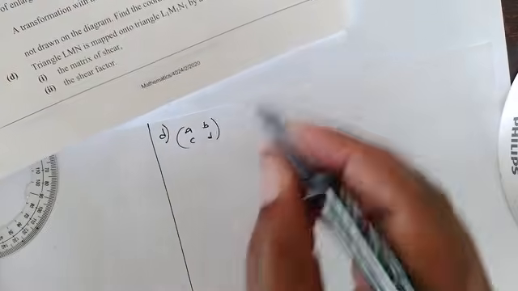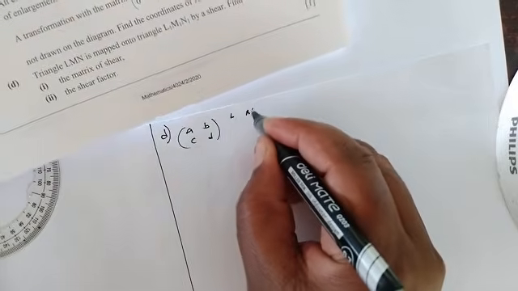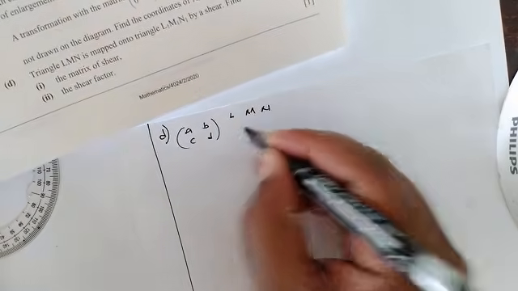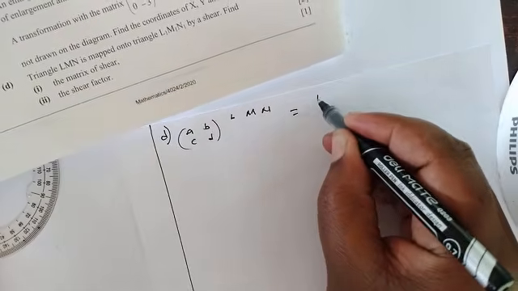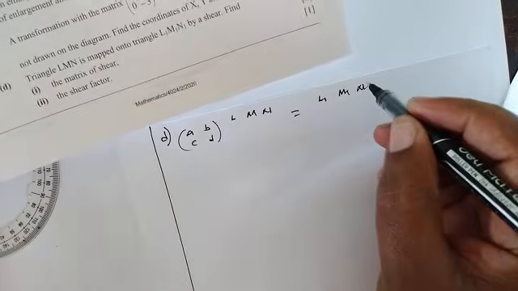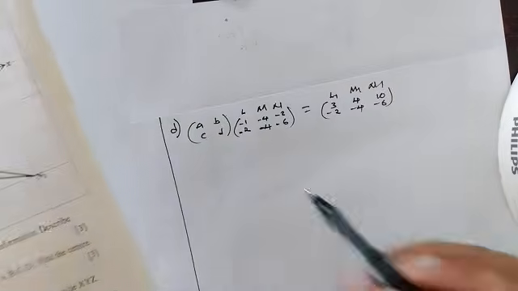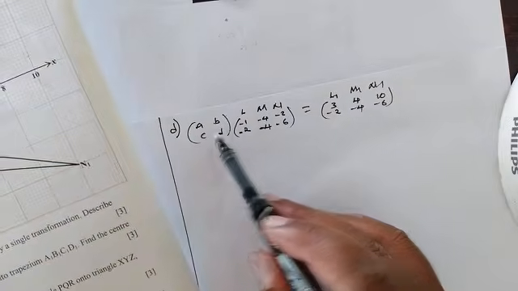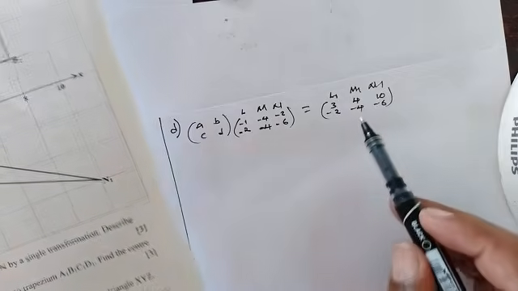by the object, which is L, M, and N, where you put the coordinates, the answer should be L1, M1, and N1. So when I multiply the unknown matrix by the object, I get the image. What are the coordinates of these?